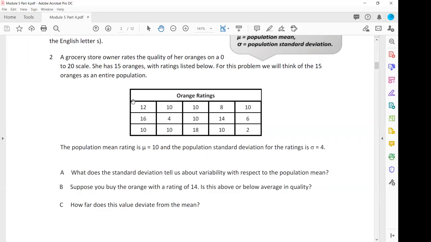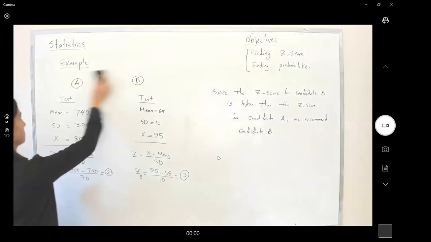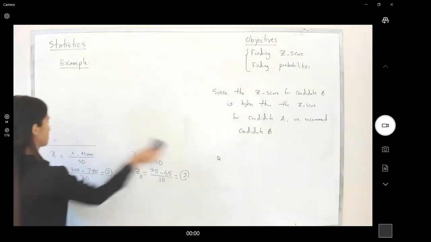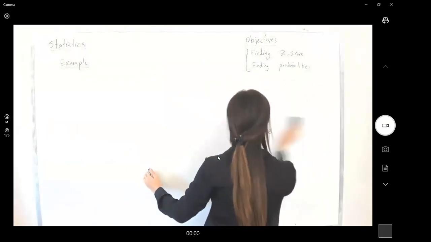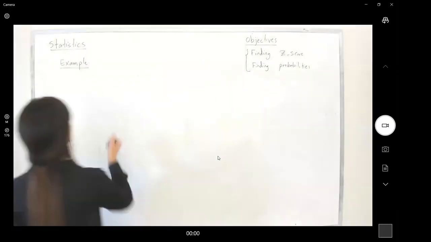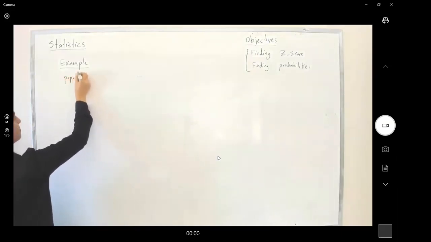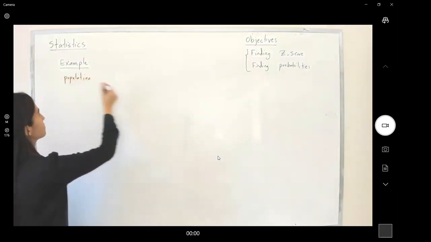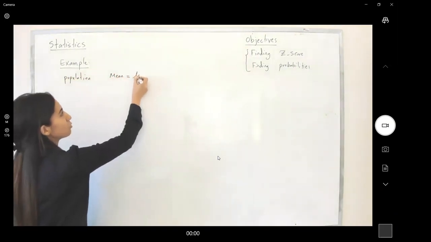Well, we have a population. We have mean, which is denoted by mu.